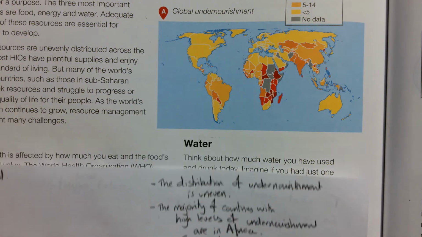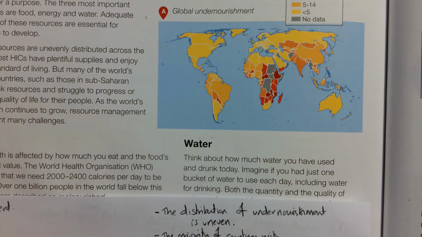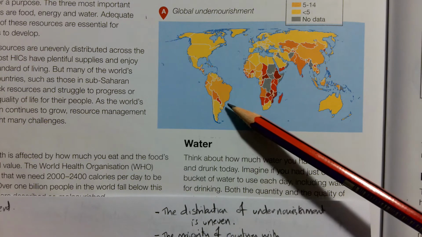And looking at this map here, which continent has the majority of countries with a population that's greater than 25% malnourished or undernourished? Africa, that's correct. Which other continents also have a couple of examples of countries with high levels of undernourishment? Good. Asia and South America.